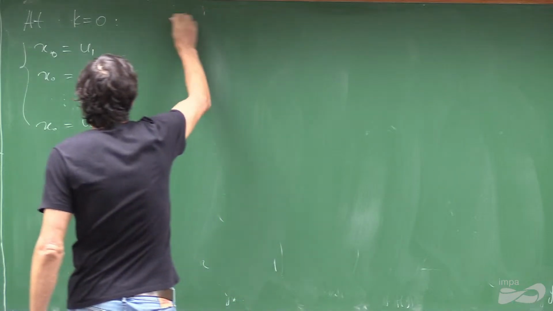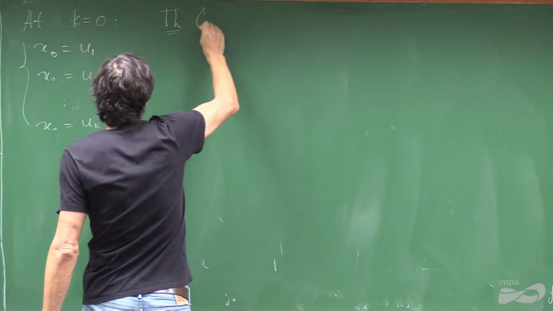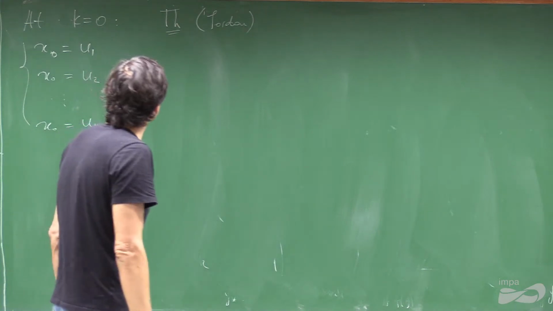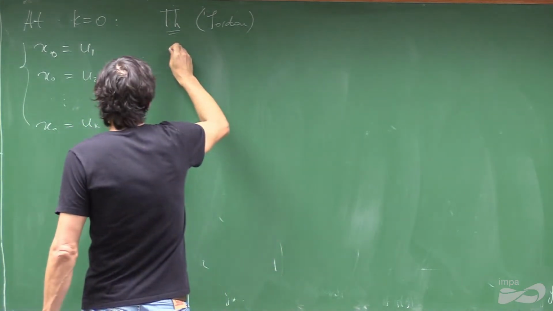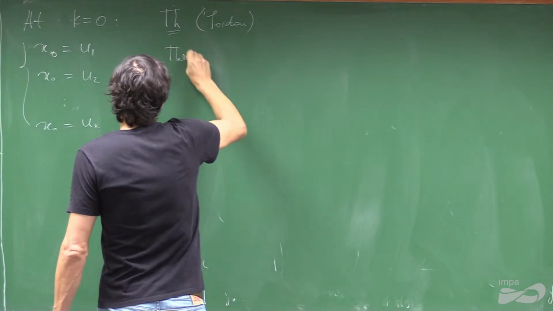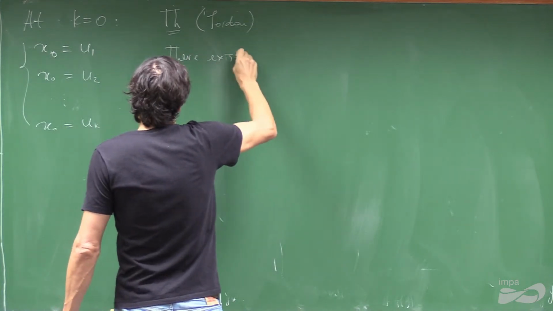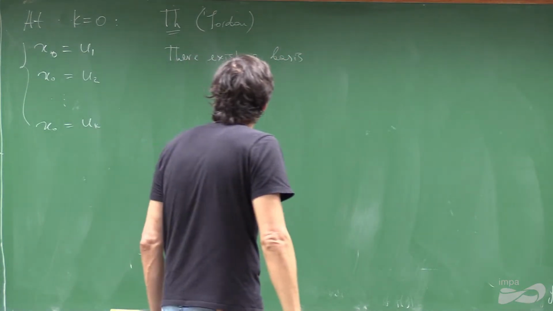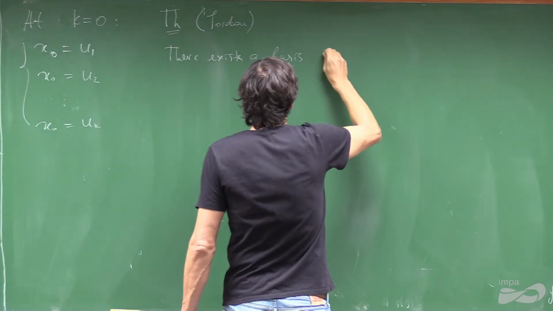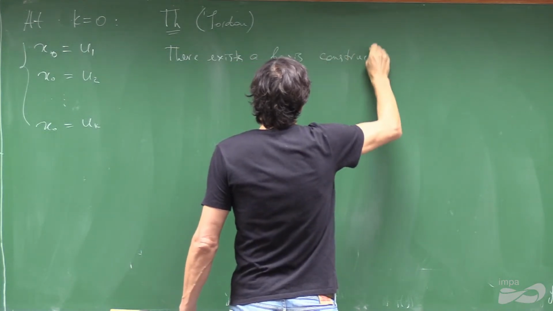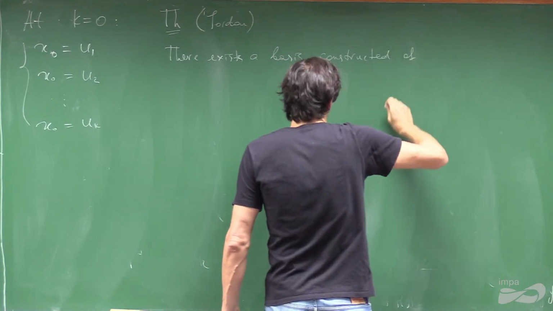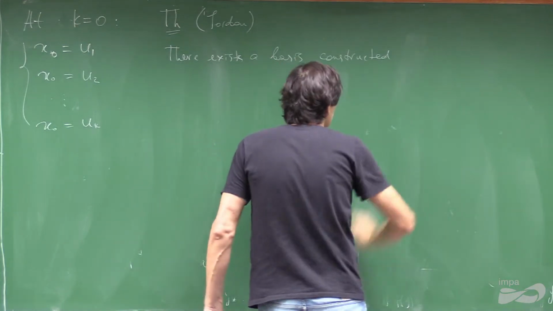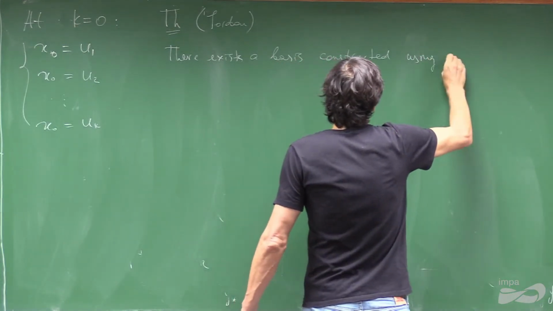What we will use is a theorem which is a consequence of the Jordan normal form theorem: there exists a basis constructed using generalized eigenvectors.